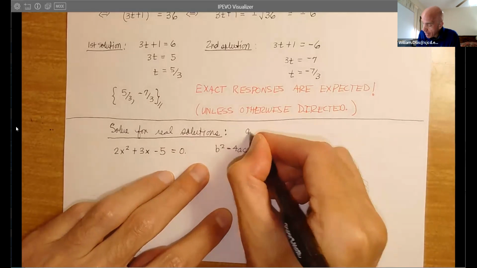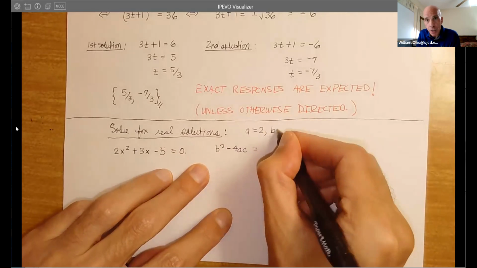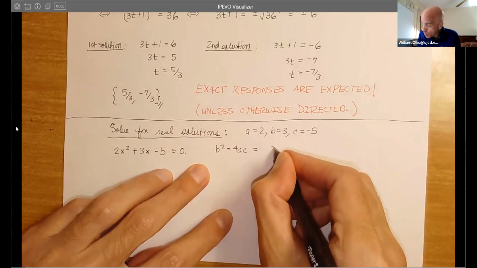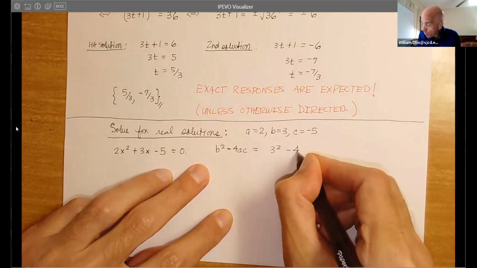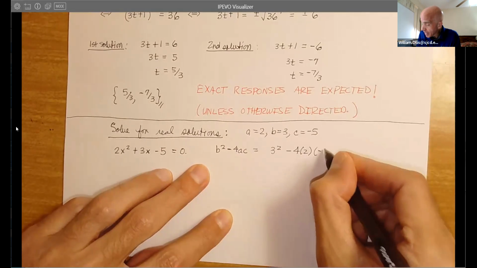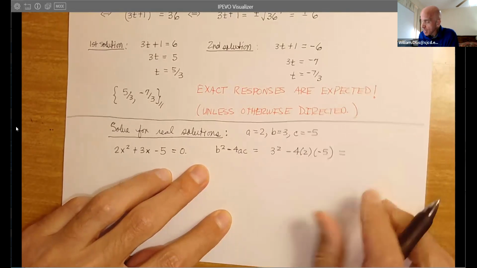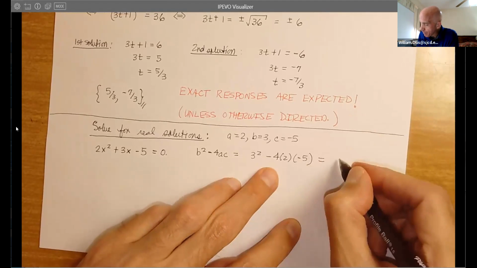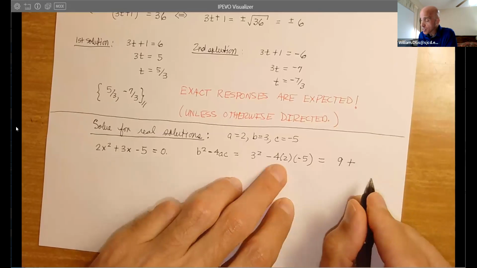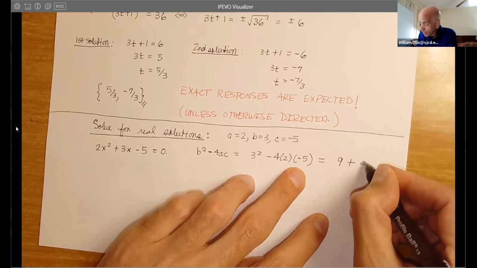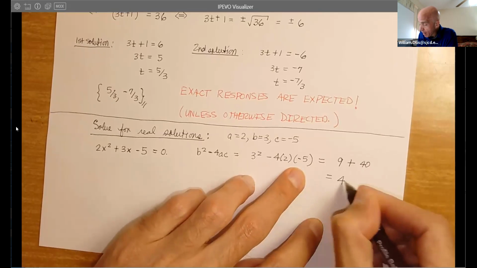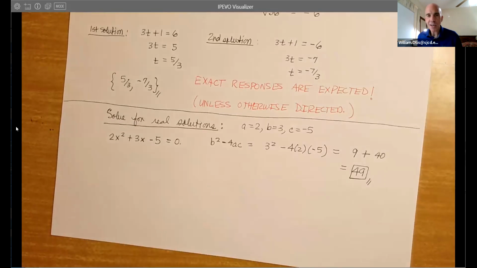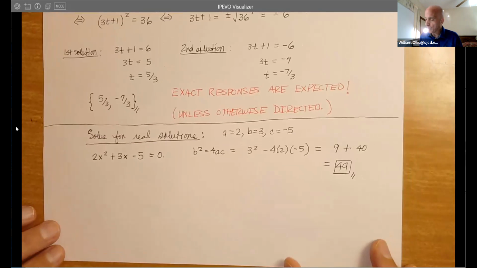So we have a equals 2, b equals 3, and c equals negative 5. So this gives us 3 squared minus 4 times 2 times the negative 5. Note, we have the minus minus, so that's a plus, and we don't have any common factors, so we have 9 plus 8 times 5, or 40, and this is 49. I like to make up these problems because I like to test you.